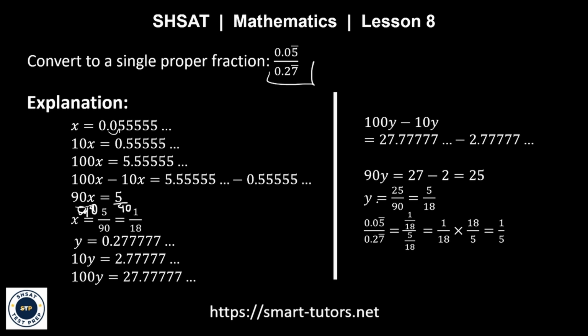So now you have y equals 25 over 90, that gives you 5 over 18. And now you can plug in the changed fractions, and now you have a fraction over a fraction, so you would do KCF, which is the way you would divide fractions. So you did KCF, and now you have 1 over 18 times 18 over 5 equals 1 over 5.